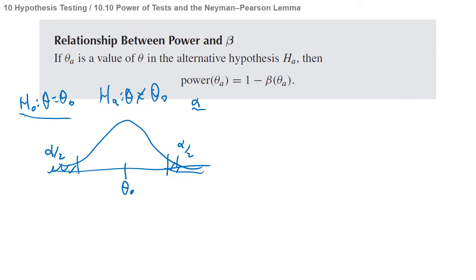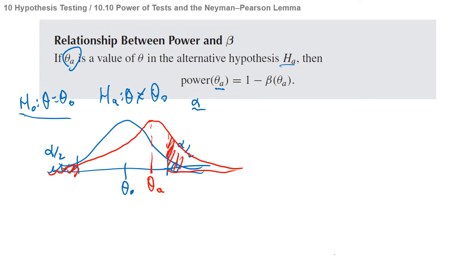And let's say theta A is the value of theta in the alternative hypothesis. For the power at theta A, if the true theta is theta A, then the distribution would be like this, and the power should be the area here.